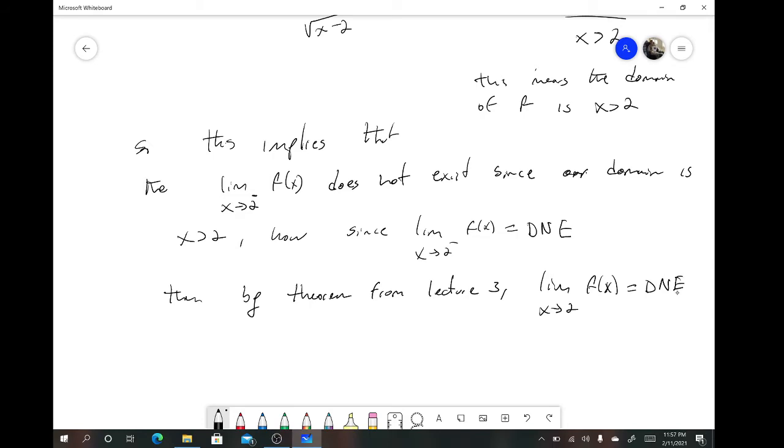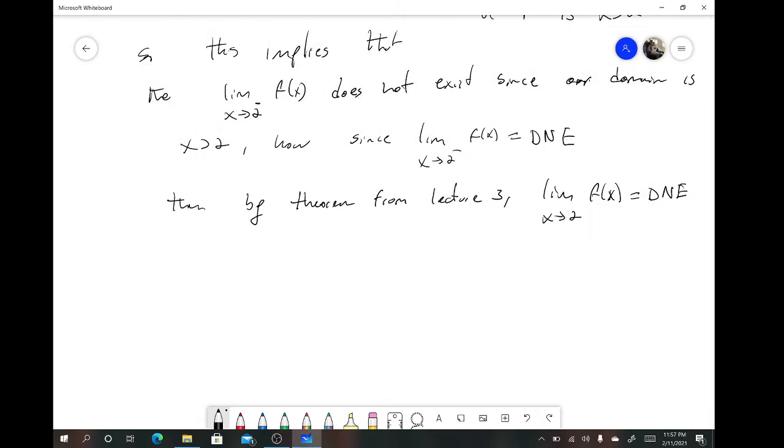Because remember, for the limit to exist, the left side limit and the right side limits must be equal. So if one of them does not exist, then they cannot possibly be equal to the other side, unless the other side also doesn't exist, in which case, again, the limit just doesn't exist.